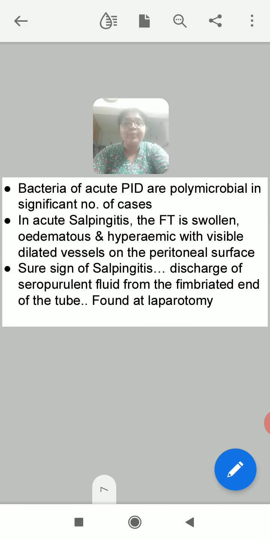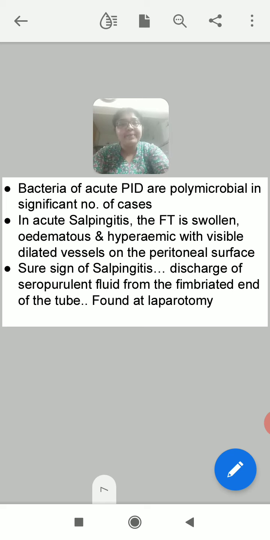Bacteria of acute PID are polymicrobial in a significant number of cases. It is seen that the bacteria of acute PID are polymicrobial in nature, and this is seen in many cases.